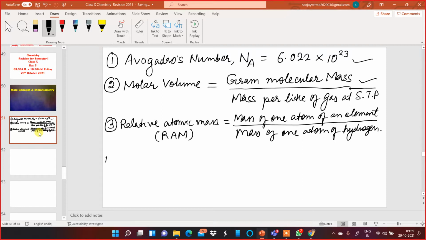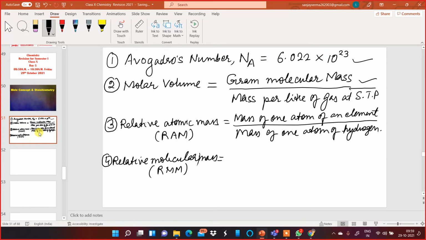Then the next important formula to remember is number 4, relative molecular mass, abbreviated as RMM.